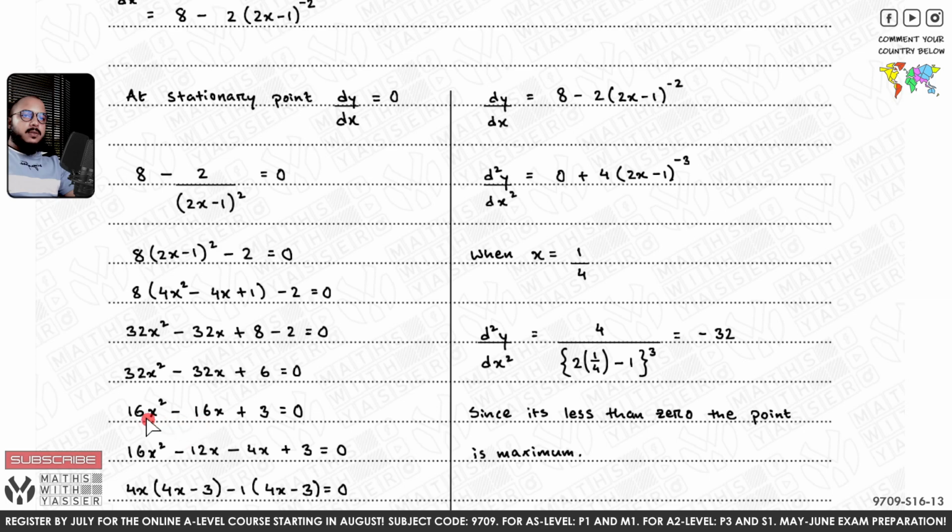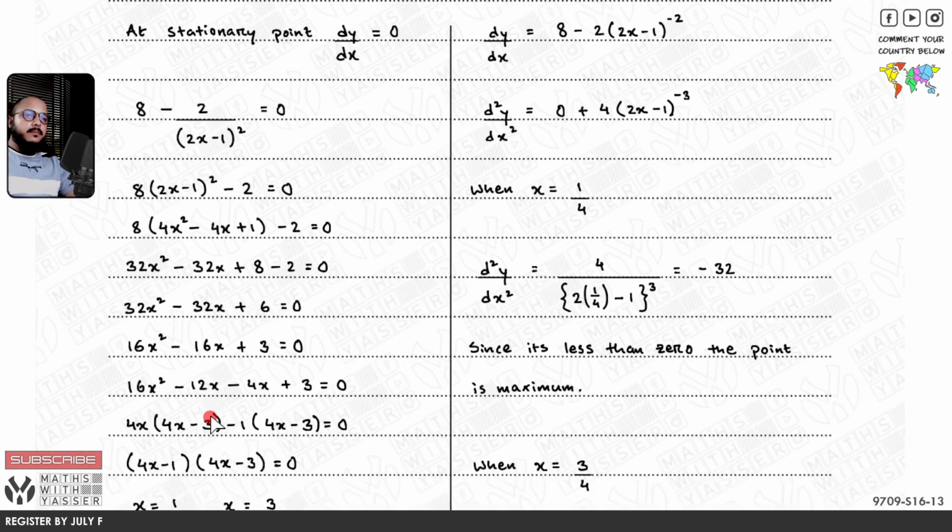So 16 times 3 is a positive 48. That means we can take the factors -12 times -4, which gives us positive 48. At the same time, -12x and -4x gives us -16x. So now let's take 4x common.